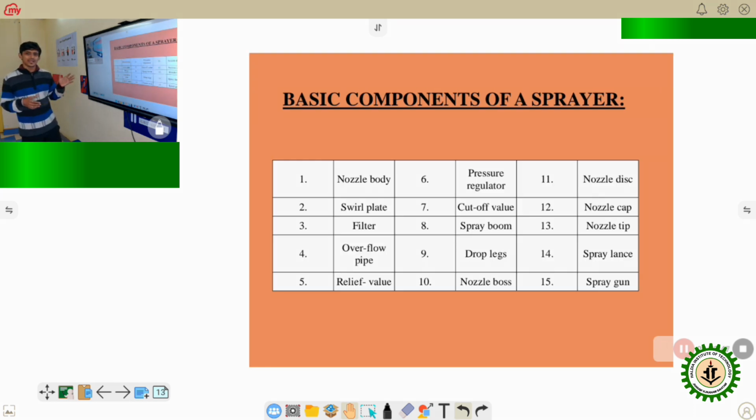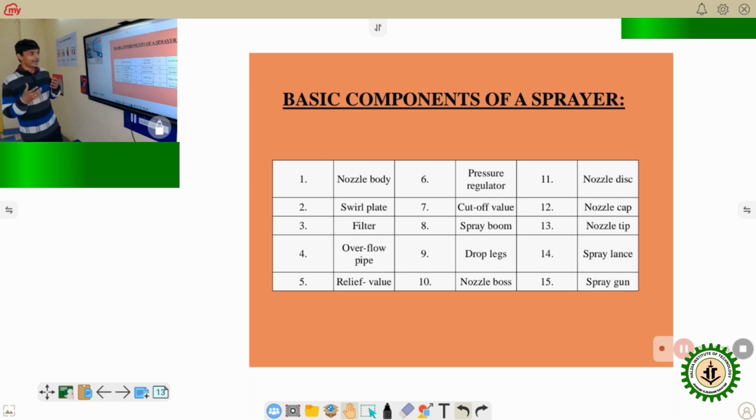Here I am representing the different parts of the sprayer, which make a complete sprayer. The first and very important part is the nozzle body, where all the equipment is connected, and there is a strainer plate, a pressure regulator valve, and a relief valve.